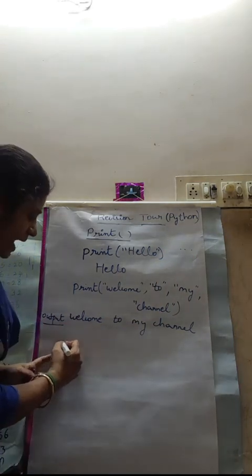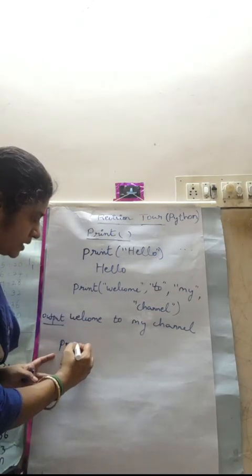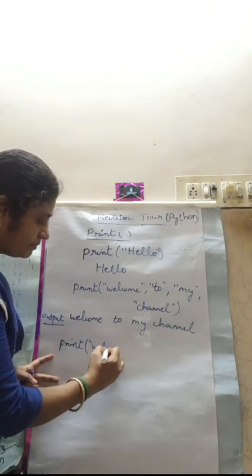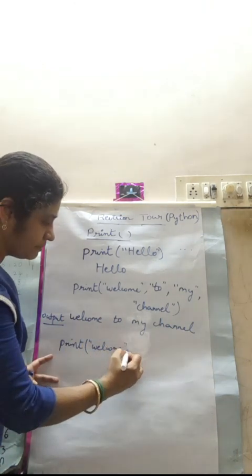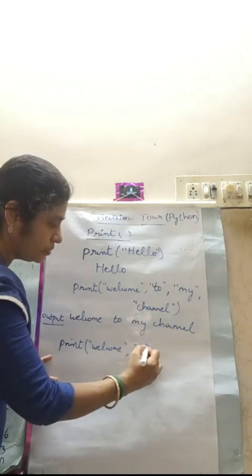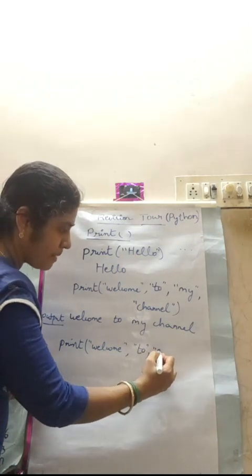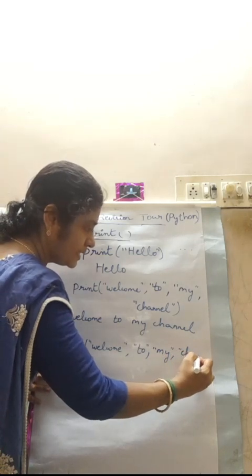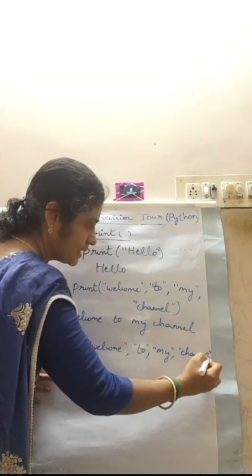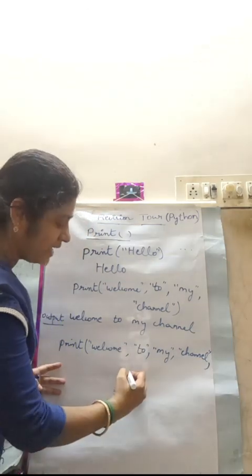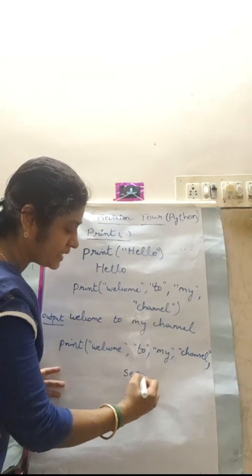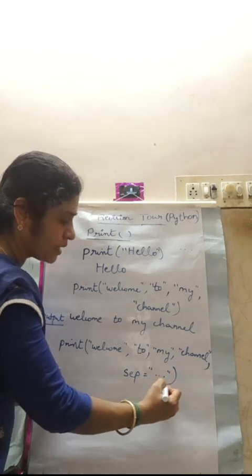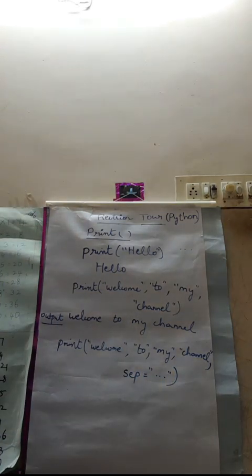For example, I write print, welcome, comma 2, comma my, comma channel, comma, I just write sep is equal to 3 dots, and I close the print function.